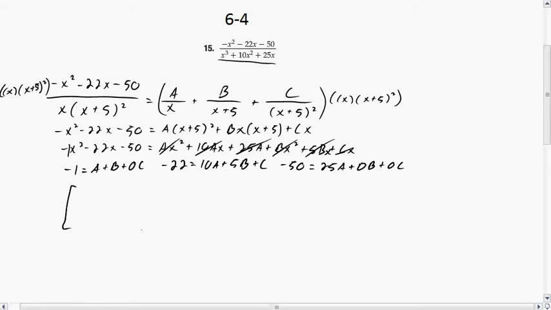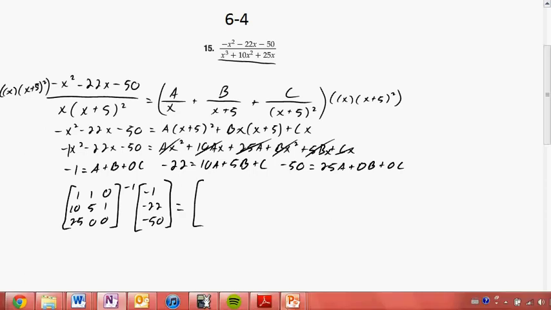So I'm going to make a coefficient matrix, so 1, 1, 0, 10, 5, 1, 25, 0, 0. I'm going to take the inverse of that and multiply that by the answers matrix, negative 1, negative 22, and negative 50, equals, going to get a 3 by 3.